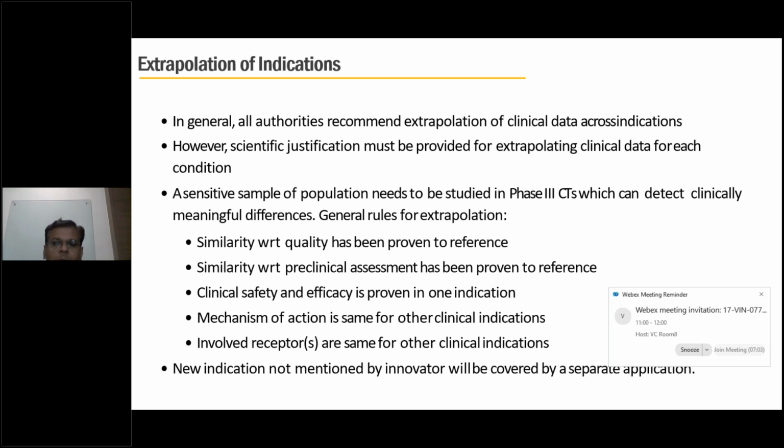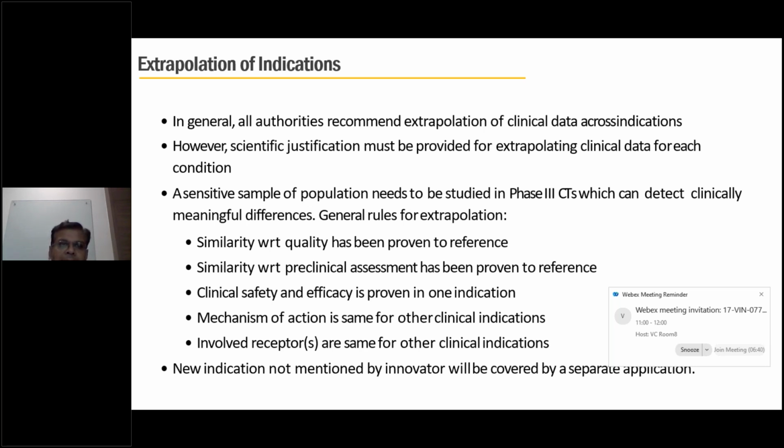What we typically do in small molecules is, if your drug, say for example doxorubicin, has been studied in breast cancer and been effective, the sponsor would tend to extend that indication from breast cancer to, say, ovarian cancer also, because it's a similar type of cancer.